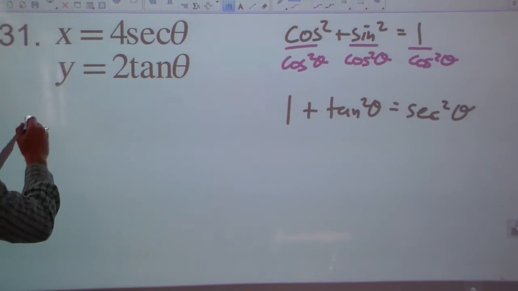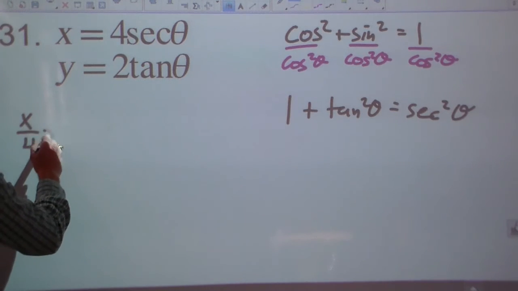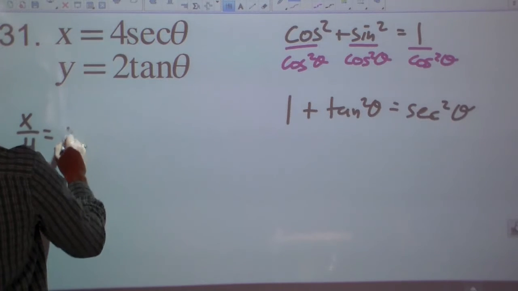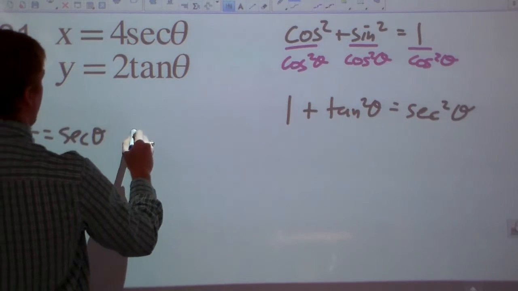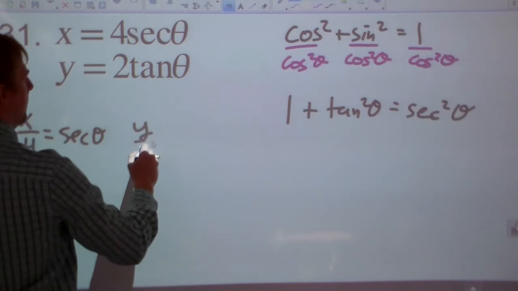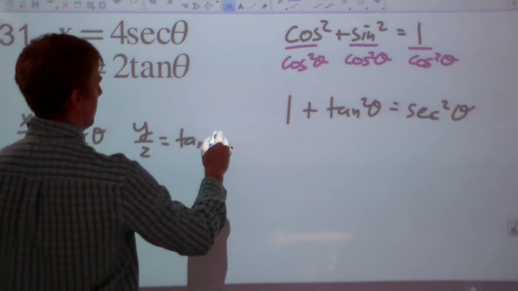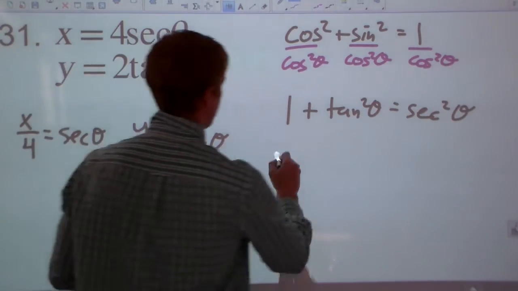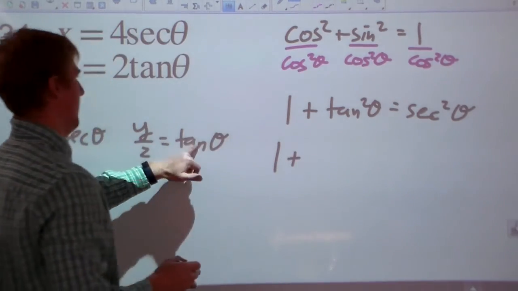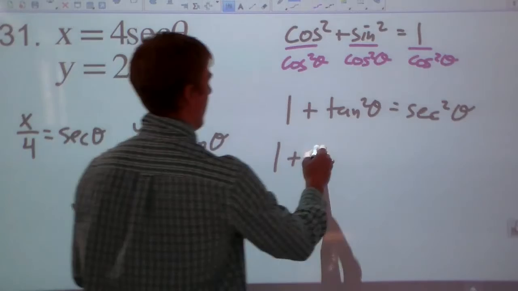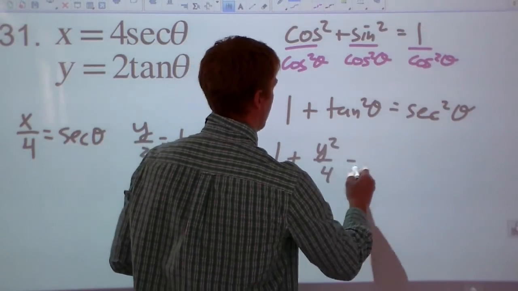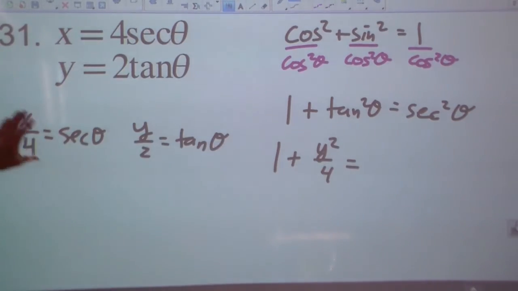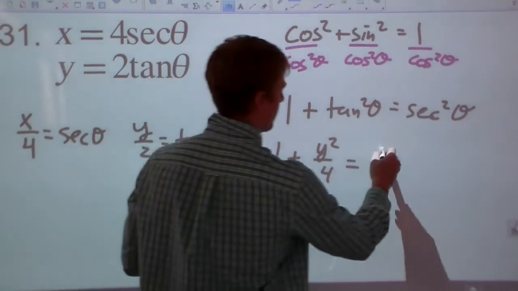Now we can use that same strategy. If I were to divide by 4, then that would be secant. If I were to divide by 2 for y, that would be a tangent. So, putting it in here, the main equation, 1 plus tangent squared, so that needs to be squared, y squared over 4, is equal to secant squared, so I need to square both of those, x squared over 16.